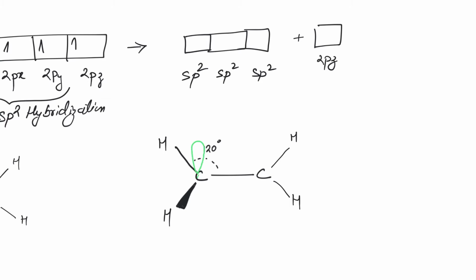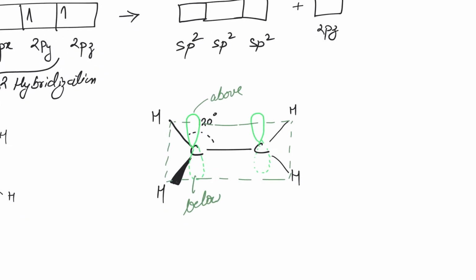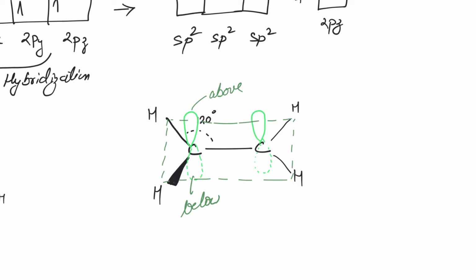Remember, it's pure p, so it would be somewhat like this. I am drawing this in a dotted line just to indicate that the 4 hydrogen atoms are in one plane. And this is above the plane, whereas this is below the plane. So you see, whereas these orbitals are colliding head on, this bond is called the sigma bond.